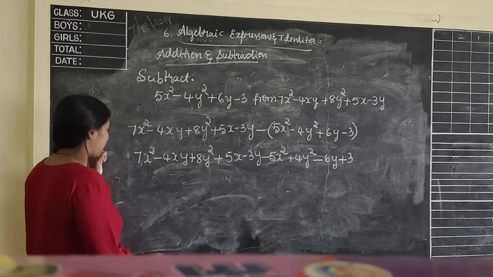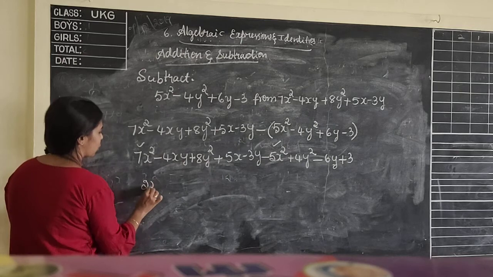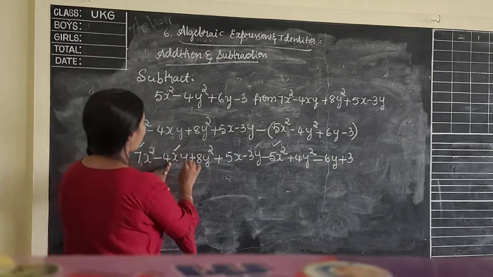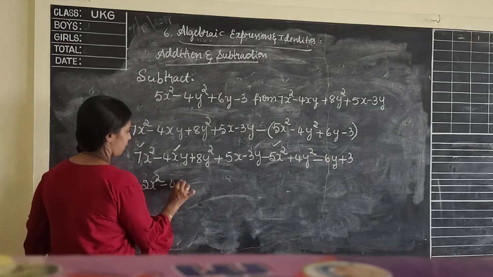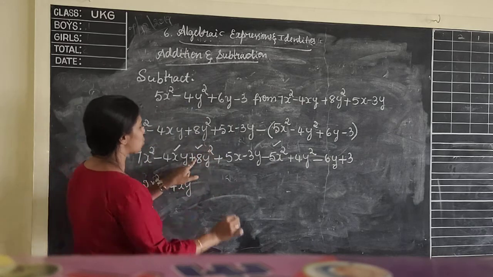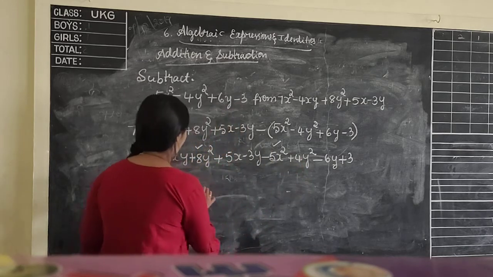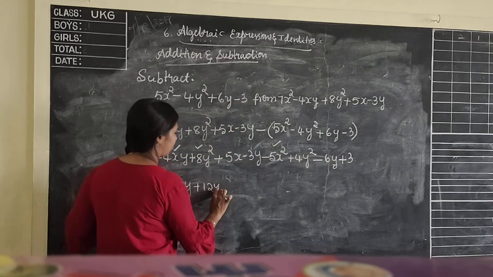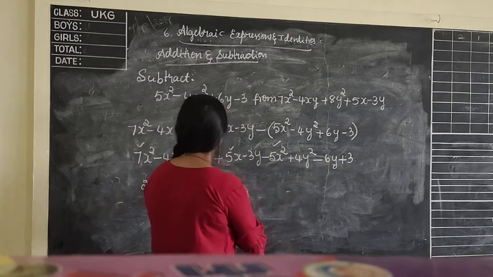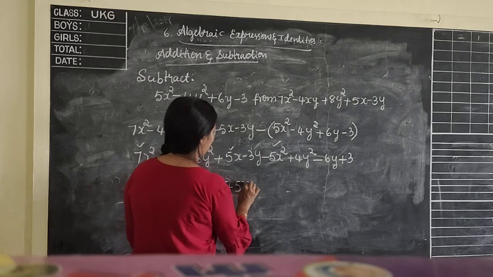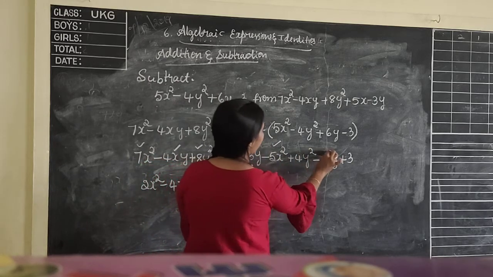Understood? Now 7x square, 5x square, 2x square. 4xy, no, same. Y square, yes, plus 8 plus 4, 12. 5x, no. Only one term is right as it is. 3y, minus 3, minus 6.